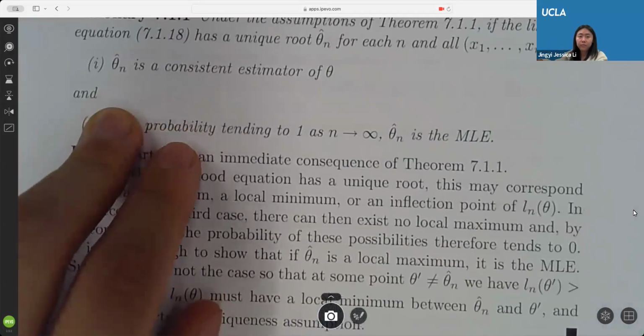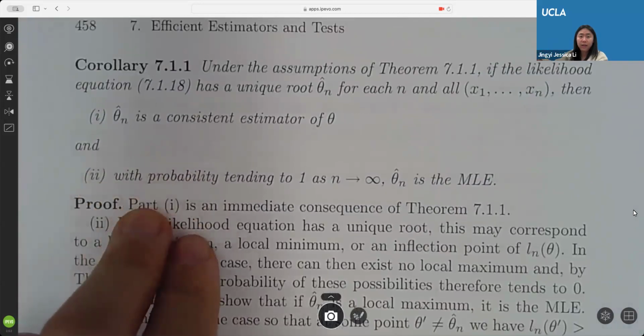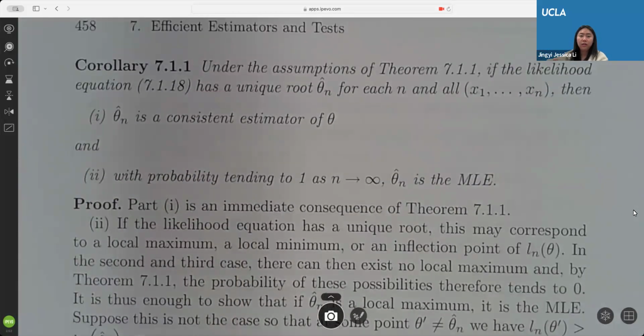This corollary says that, under the assumptions of the theorem, if the likelihood equation, or score equation, has a unique root, that is, if the derivative of the log likelihood set to 0 has a unique root, then that root is a consistent estimator of theta, and it tends to be the MLE.